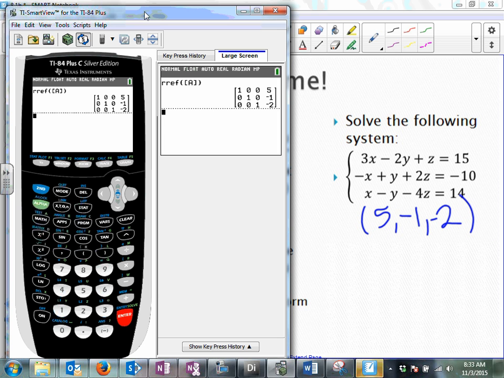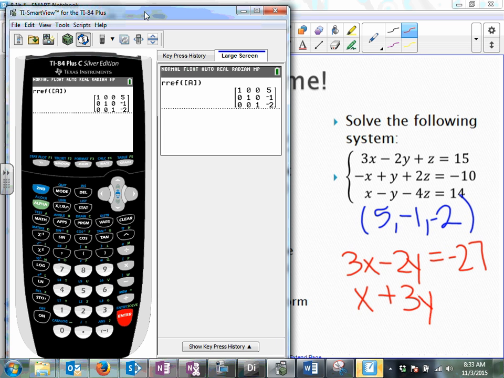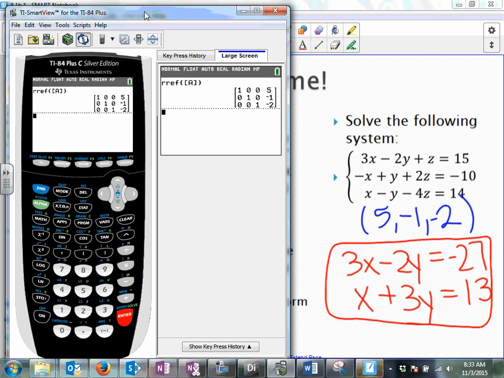Okay, here's our system. Walk me through it.